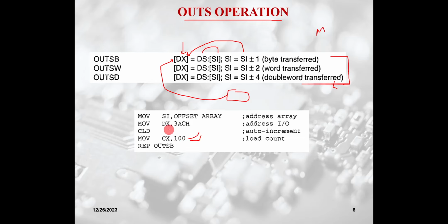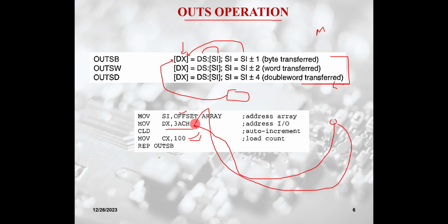Okay, so this is again, if you see here, what happens is this port is specified, right, and SI, the data. So first some data from the memory will be taken and it will be put into the one port. Now again the next data will be taken and it will be put into the same port. So you have to find some application like that, right?